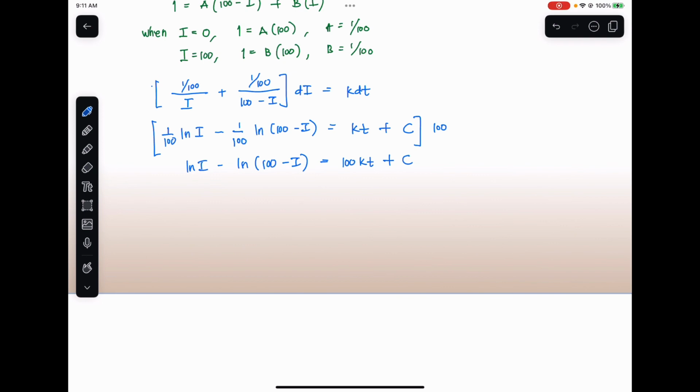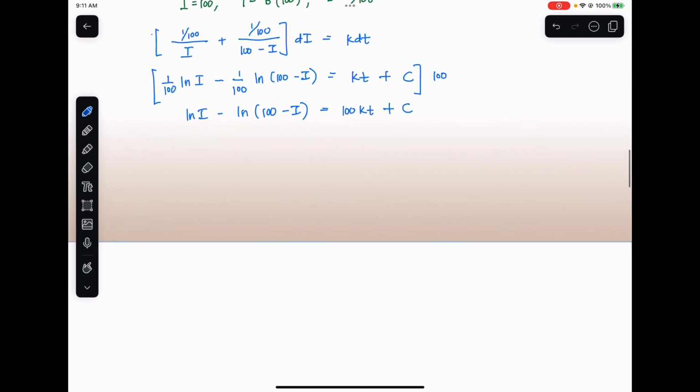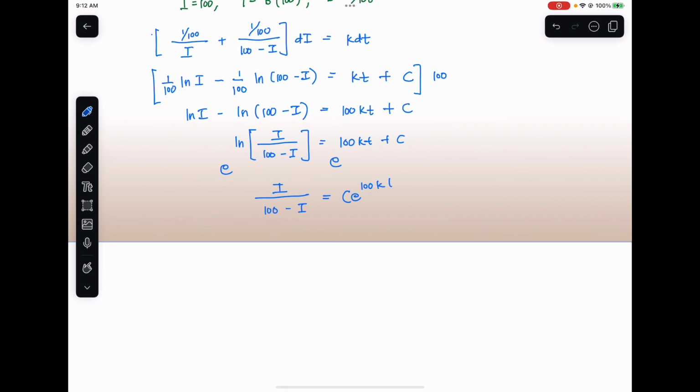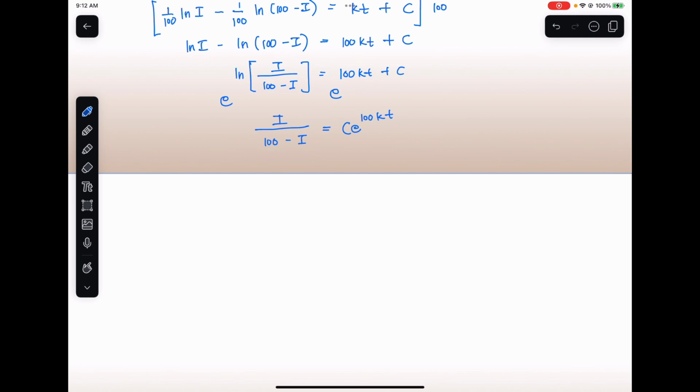And then we apply the rules of logarithm. We can combine them as ln of I over 100 minus I is equal to 100 kt plus c. Again, we exponentiate both sides, leaving us with I all over 100 minus I is equal to c e raised to 100 kt. Now we find the value of c.